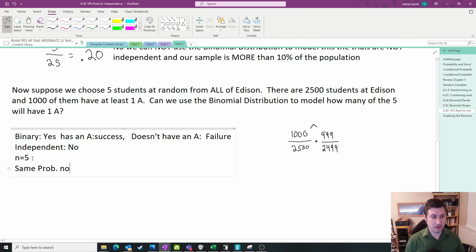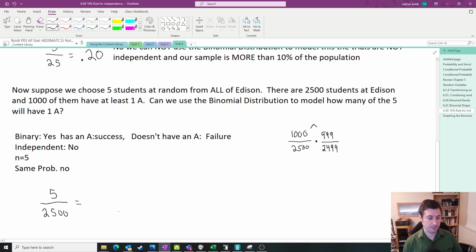So my samples are only 5, right? I'm only looking at 5 at a time out of the total population of 2,500. All right, what is 5 out of 2,500?